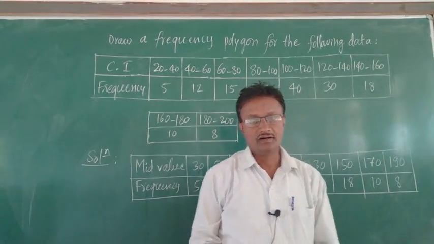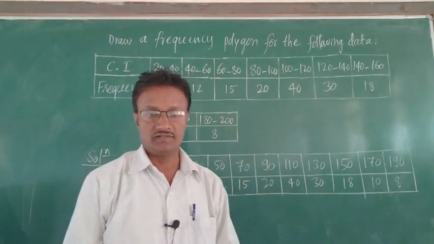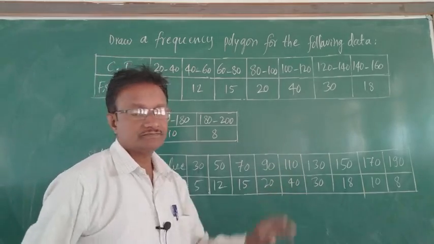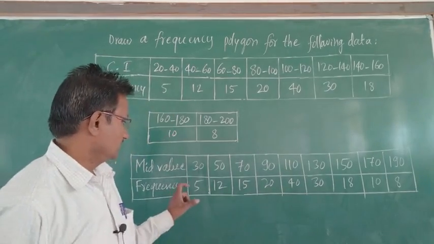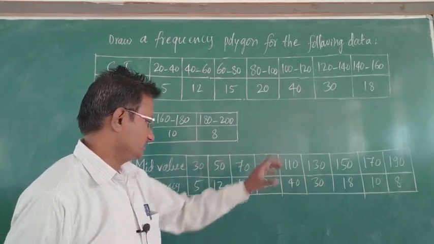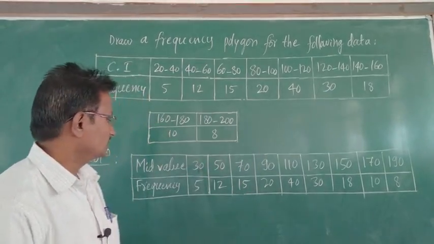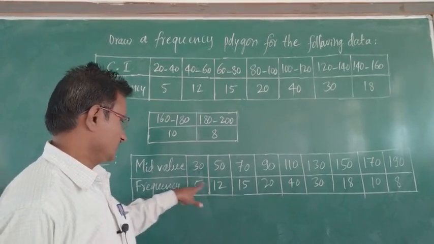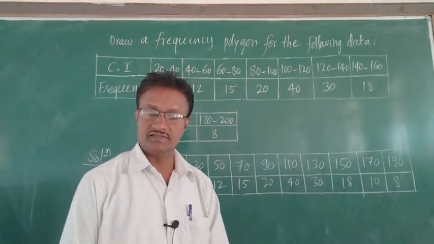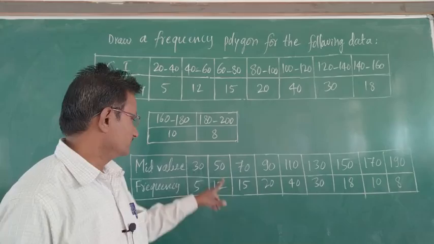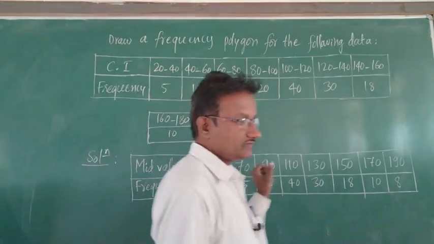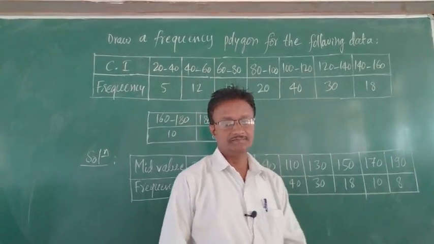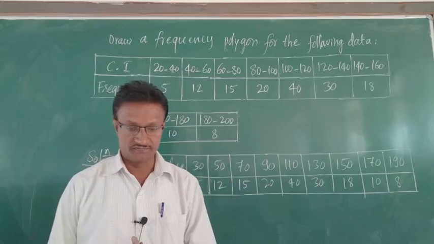Likewise, all the mid values are ascertained here. There is a difference of 20 for every value. So all the mid values are ascertained and corresponding frequencies are written here. From this data, next we have to construct the frequency polygon.